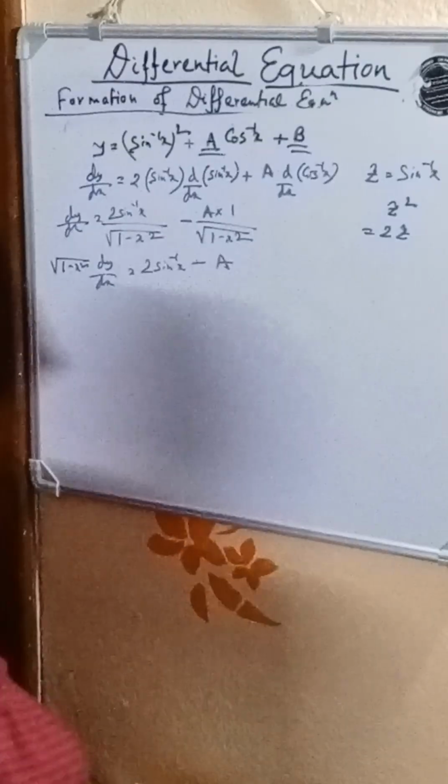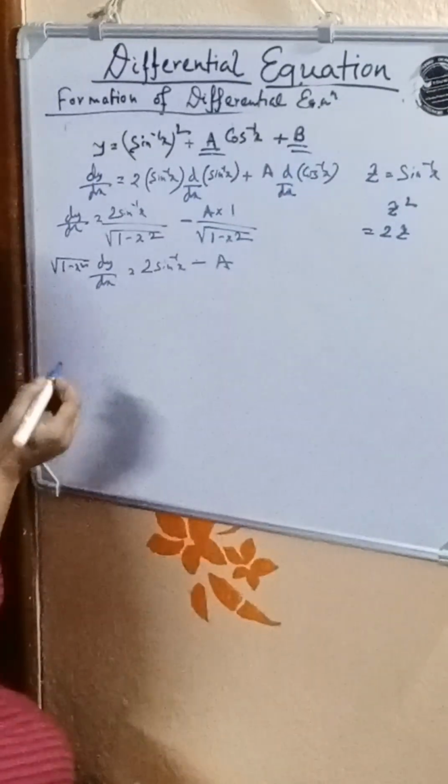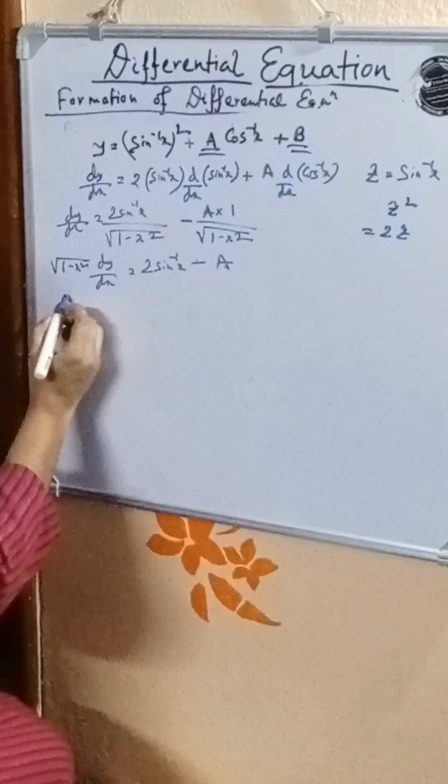Now we have to eliminate the parameter a. So we differentiate this equation once more.